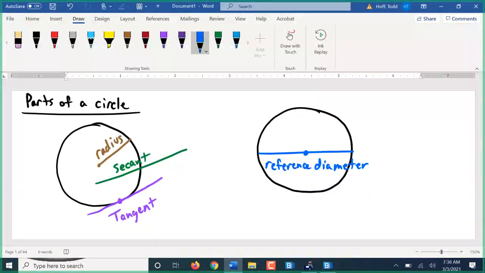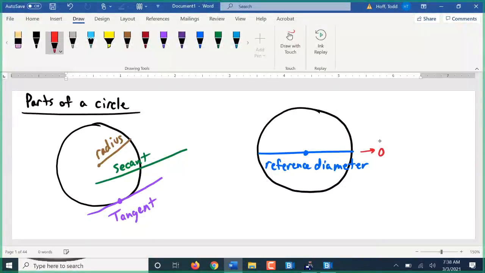Technically, it can be any diameter that is specified as a reference diameter. But for most purposes, the standard reference diameter is the horizontal diameter of the circle. It is the diameter that is used to reference other locations on the circle. For example, we talk about angles and stuff like that.